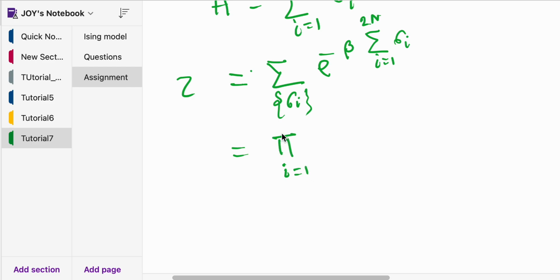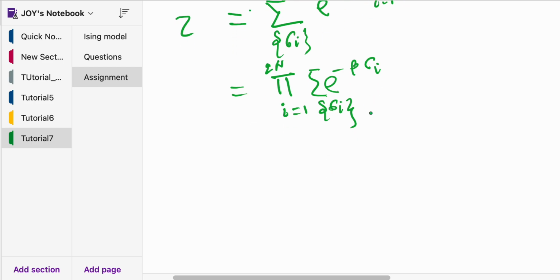Now we first sum over the possible combinations of sigma i's, then we'll multiply by the total number of particles. So e to the power minus beta sigma i, summed over all possible combinations of sigma i's. We know that sigma i can take value plus 1 or minus 1, for i equal to 1 to 2n.